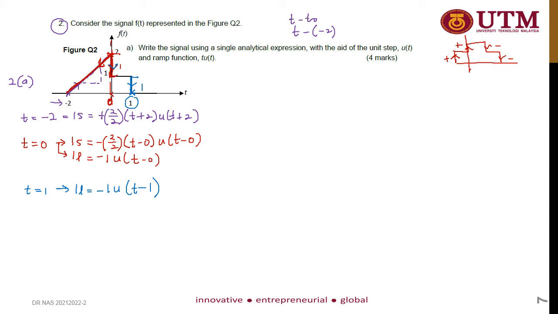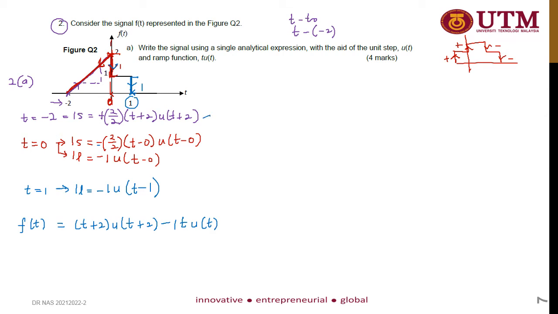Finally, you need to sum them up. Your f(t) is equal to, starting with the first component, positive 2 over 2 which is 1, so it's (t plus 2)u(t plus 2), followed by the second component, negative 2 over 2 which is 1, you can write 1 if you want, then t u(t).